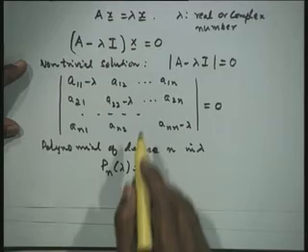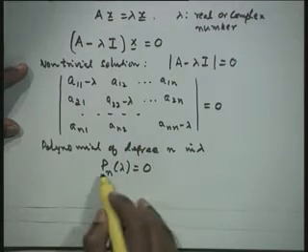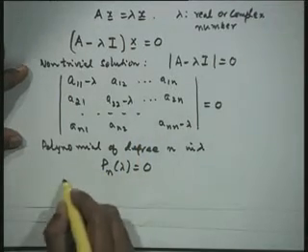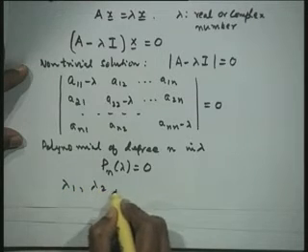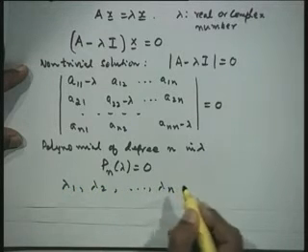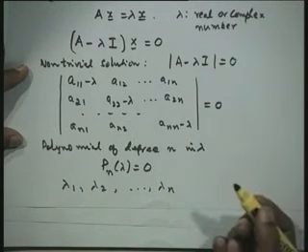Therefore, we shall use those methods for this particular polynomial of degree n. It has n roots, lambda 1, lambda 2, and so on up to lambda n, which may be real and distinct, or complex, or a combination of real and complex. We shall also be interested, in a later lecture, in finding the eigenvalues of a given problem numerically.